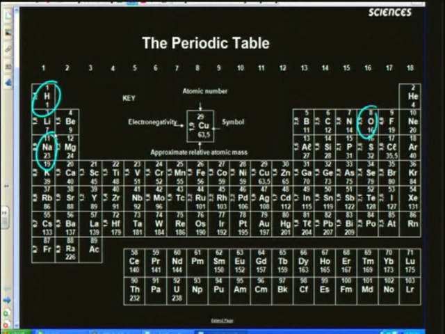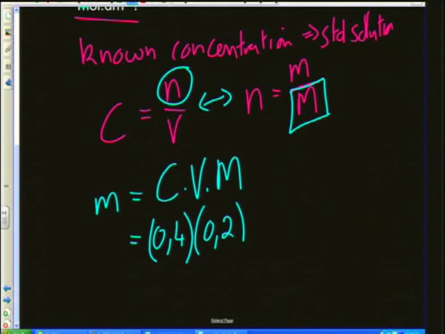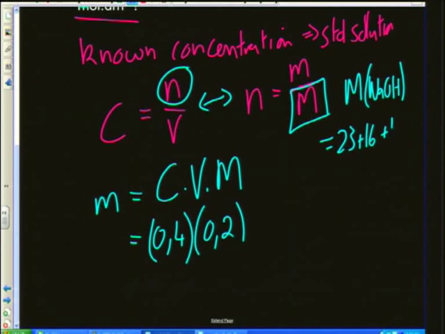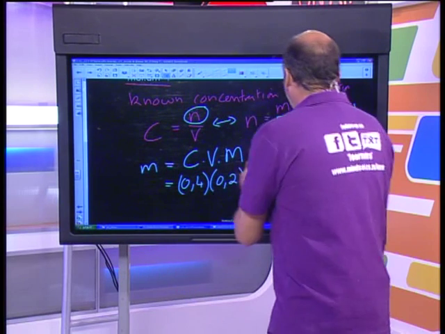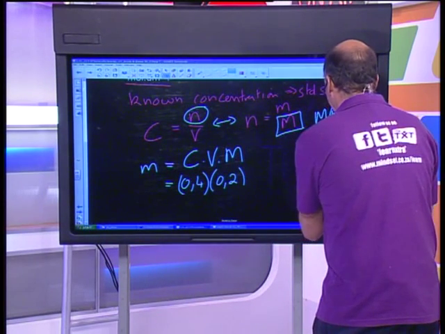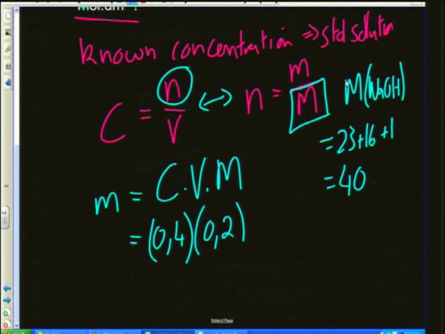So the molar mass of sodium hydroxide turns out to be equal to 23 plus 16 plus 1. Now, on your periodic table, there might be 2 decimal places. Please include them. I'm just doing it on this older periodic table that was rounded off. But I also remember that the molar mass of sodium hydroxide is very close to 40 grams per mole. So I'm going to substitute in the 40.